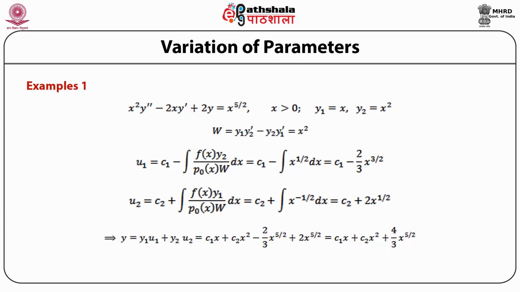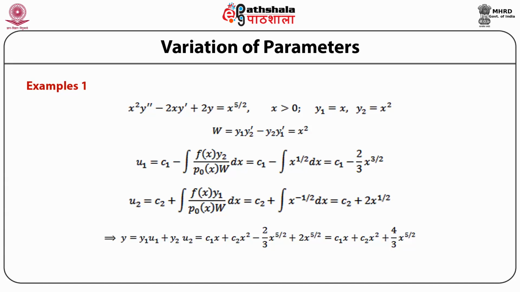Similarly, u2 can be obtained using the expression u2 is equal to c2 plus the integral of f(x) y1 divided by p naught(x) W dx, which will be equal to c2 plus the integral of x raised to power minus half dx. This gives u2 to be equal to c2 plus 2 times x raised to power 1 by 2.